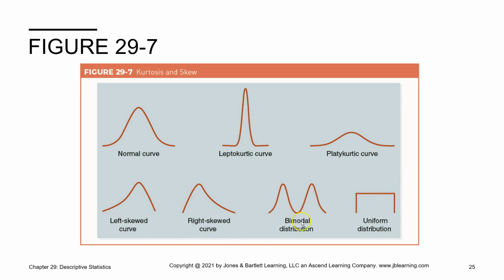So this has two different sections, two different humps of responses. So if, say, you were looking at freshmen and seniors and you were asking them their knowledge about public health, the knowledge of freshmen is probably going to be a lot lower than seniors, so there may be humps in the distribution. And then we have a uniform distribution here.